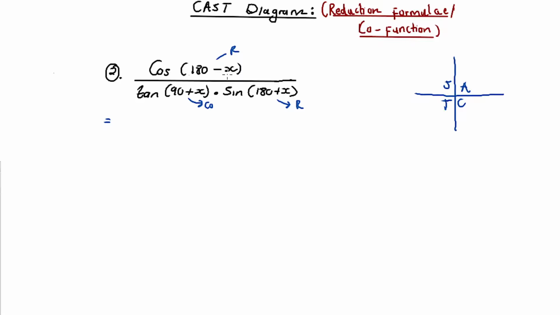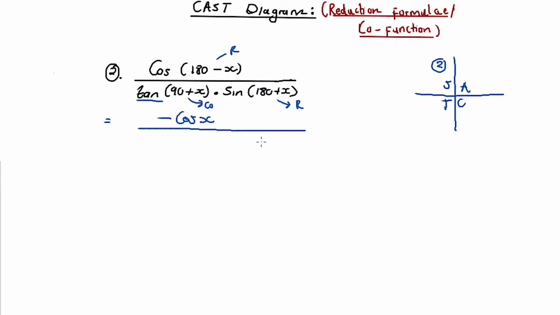So 180 minus x, we know that it's in the second quadrant. In the second quadrant, cos is negative. So it's going to be a minus cos x divided by tan. Tan is actually an identity. Remember, I did not show you the co-function or the co-ratio for tan.